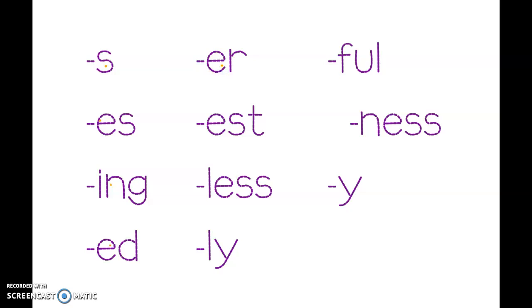ER, we could say darker, meaning it's more dark than something else. We're comparing two things. Or in baker, it's someone who bakes. For EST, we could say darkest. It's the most dark. We're comparing three or more things. For less, we could do careless, meaning without.